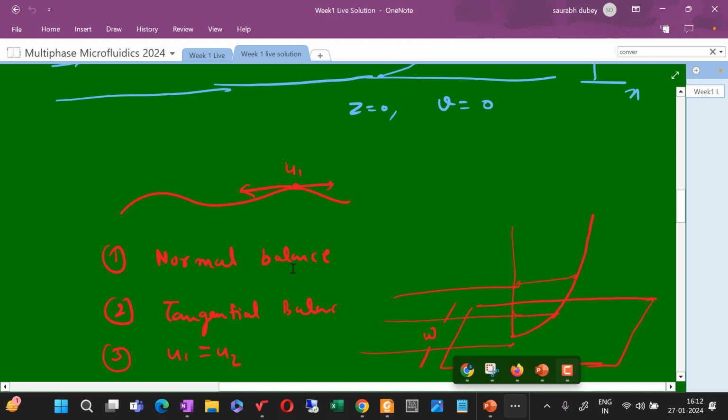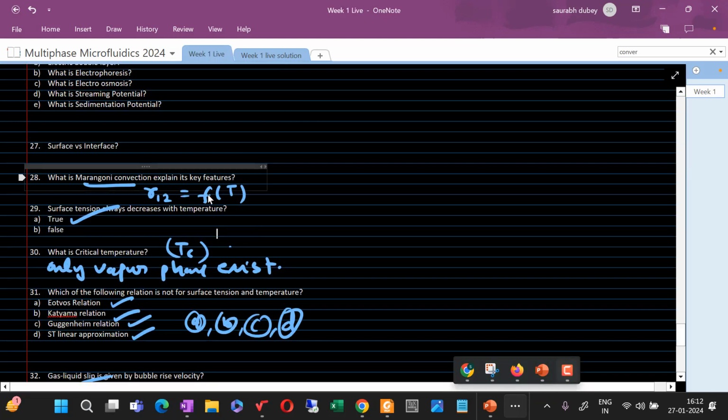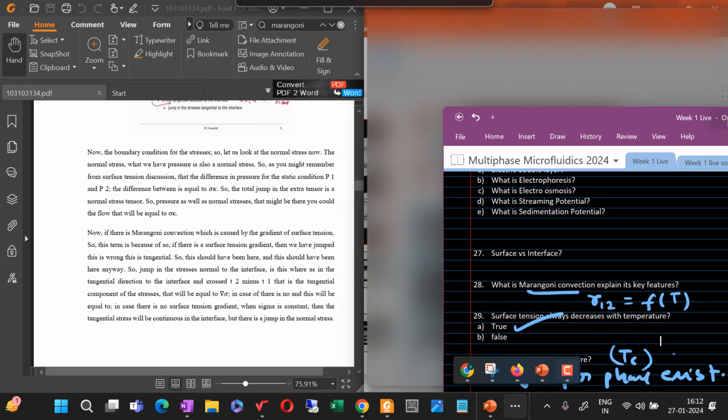These boundary conditions will involve the gradient of surface tension. There will be terms coming up, del gamma by del T into gradient of T, in the tangential balance and in the normal balance. This term comes only because your surface tension is changing with the temperature, the spatial variation of surface tension with temperature, and that's the Marangoni convection.